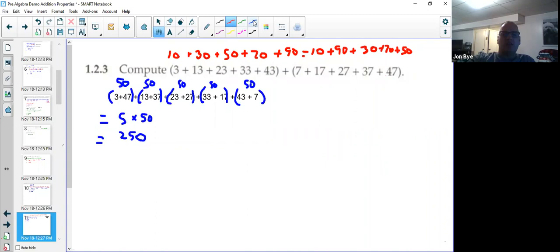Why is that nice and cool? Because this is a grouping and this is a grouping, and both of those groupings add up to what? What's 10 plus 90 and 30 plus 70? 10 plus 90 is 100 and 30 plus 70 is 100.